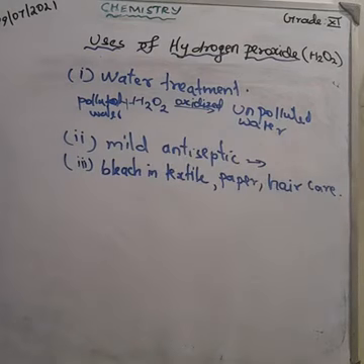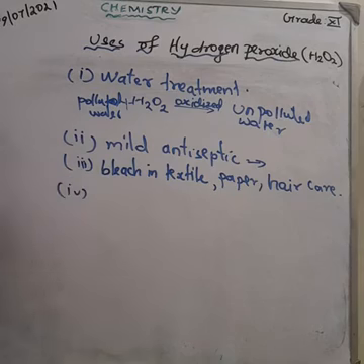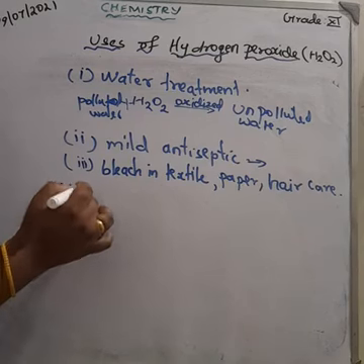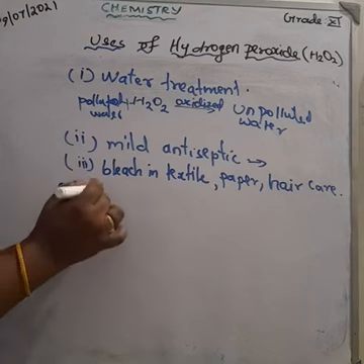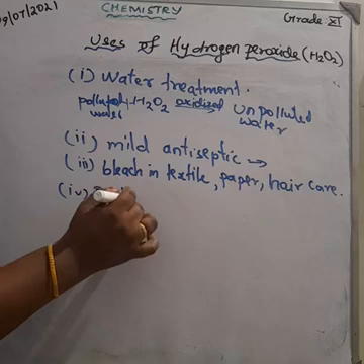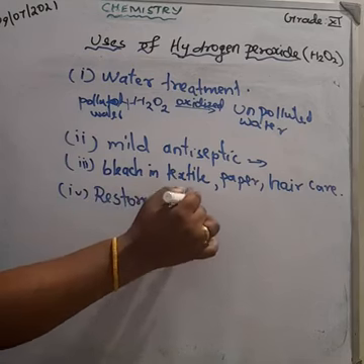Bleach means a cleaning agent. And another use: hydrogen peroxide is used to restore the white color of old paintings.